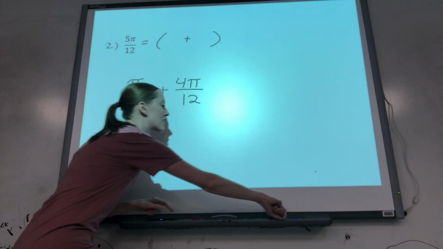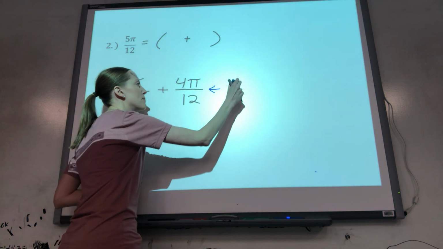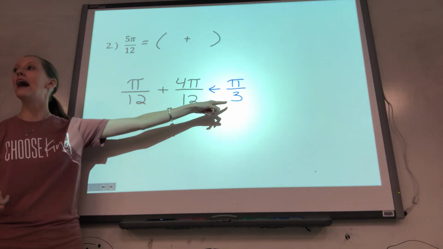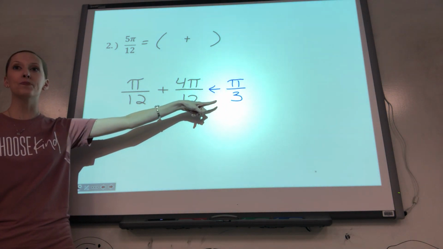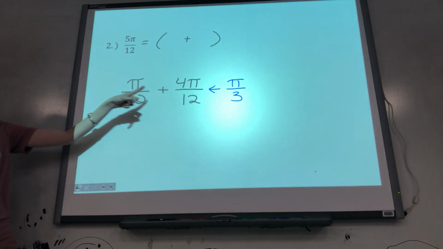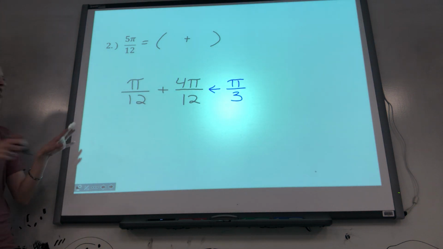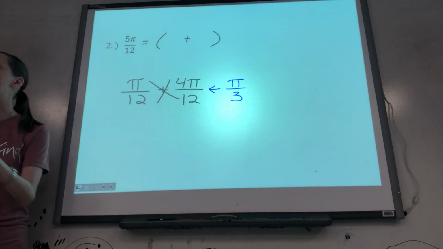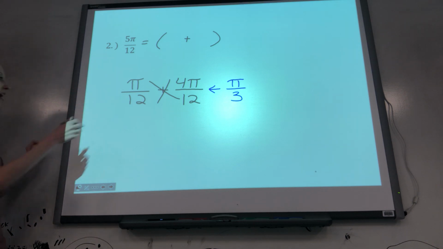All right, now this actually would work out okay. This fraction, if you divide by 4 on top and bottom, that would turn into pi over 3. Is pi over 3 on your table? Yes, but is pi over 12 on your table? No. So you don't want to use that pair. It's not going to match up to handy dandy.